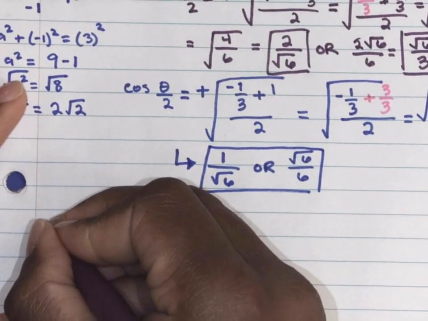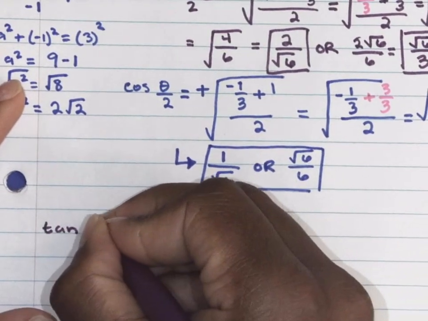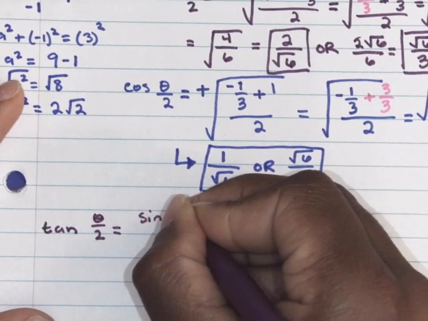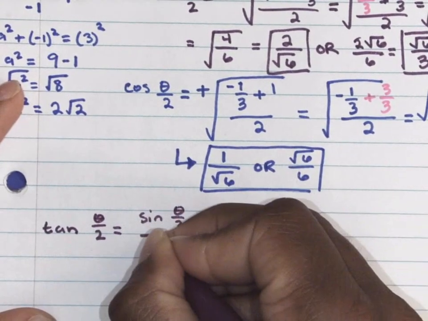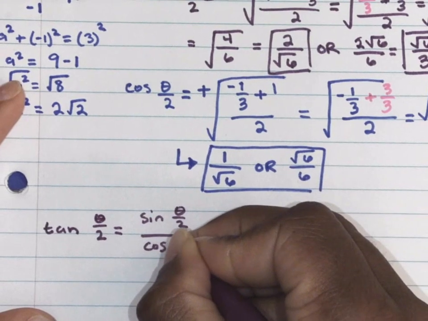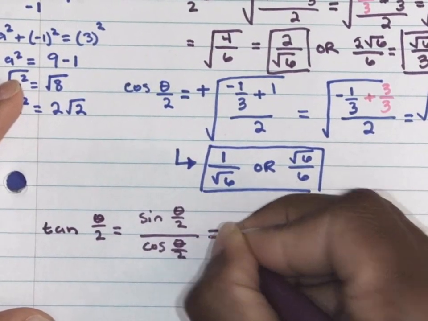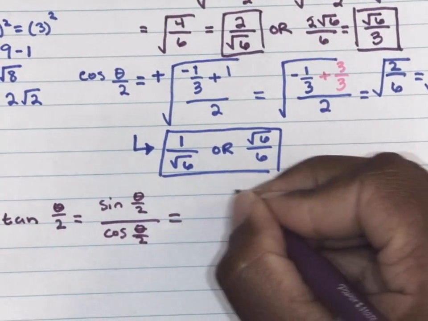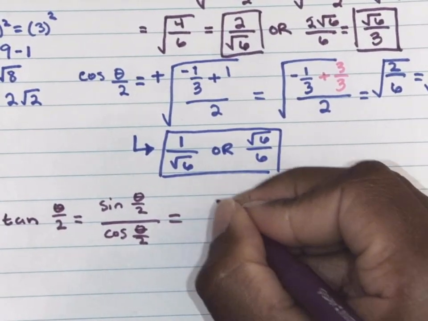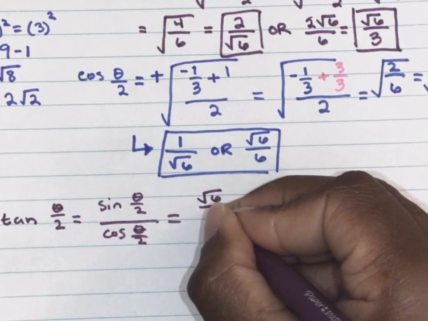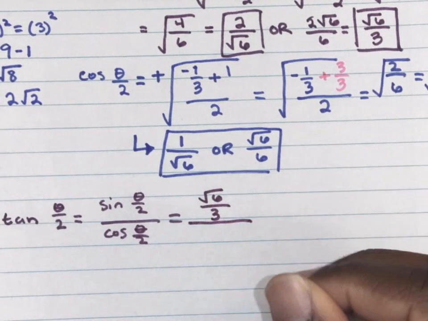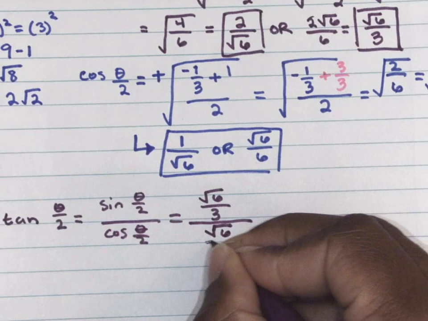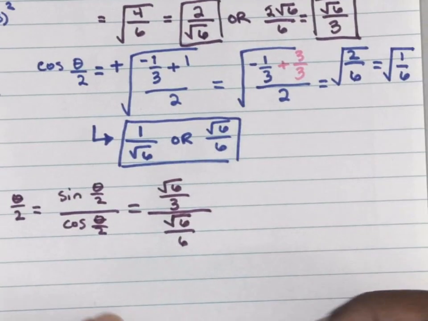Now for tangent, let's do quotient identity. And you could do the formula. You can also do this if you know what sine and what cosine are. So we got sine was root 6 over 3 divided by cosine, which we got as root 6 over 6.